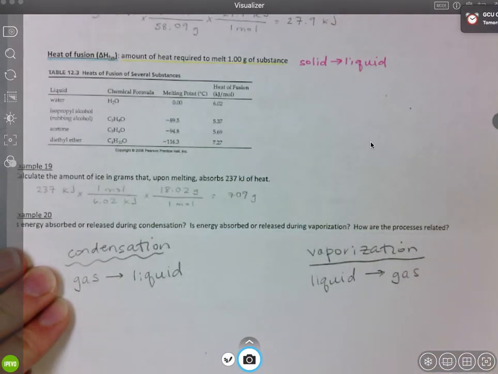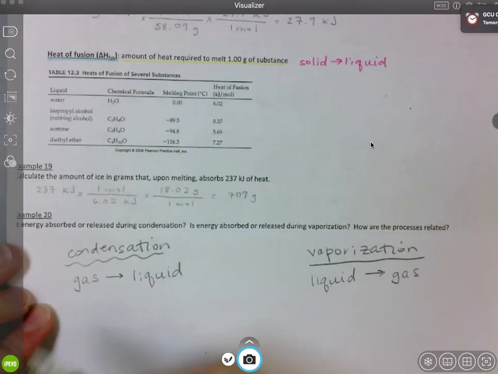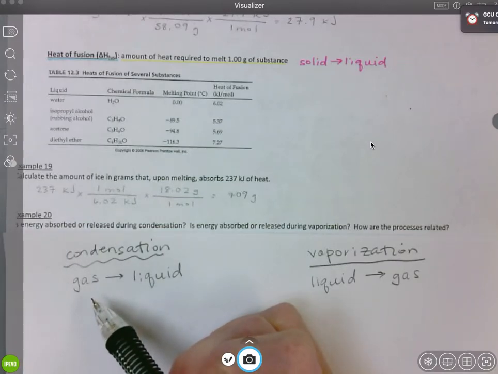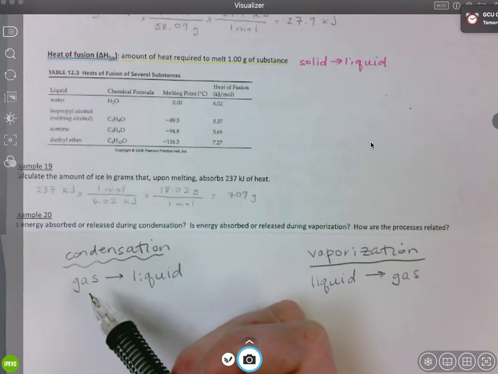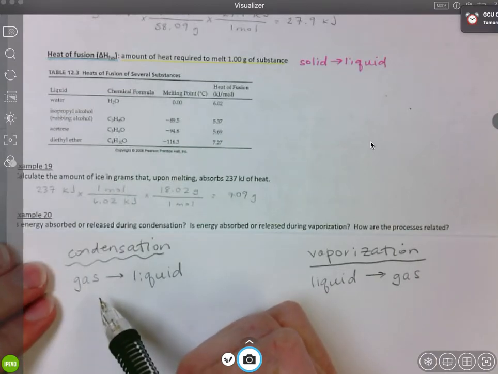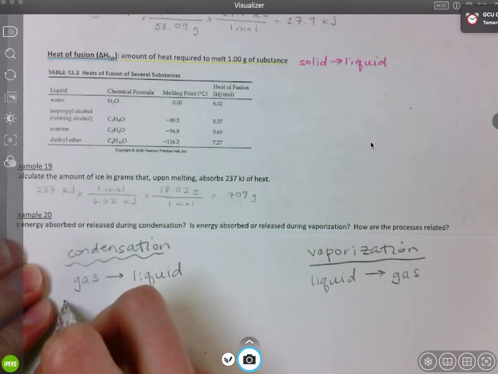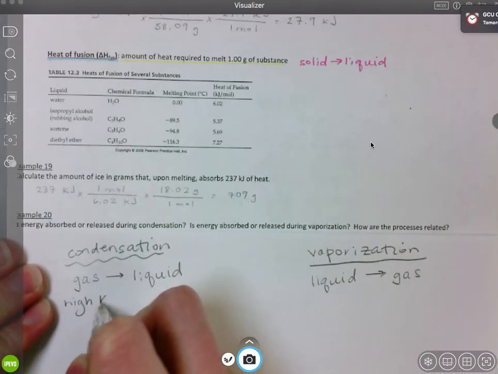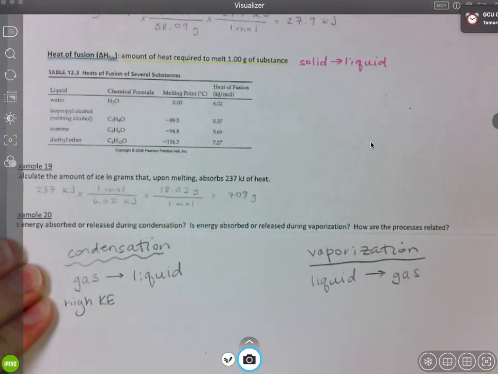Let's talk about the kinetic energies of these types of molecules. Gas molecules have our highest kinetic energy. Gas molecules are moving really fast, and they're constantly moving, bouncing off things. They have a lot of empty space in between them. They can move around a lot. So these guys have high kinetic energy, KE.